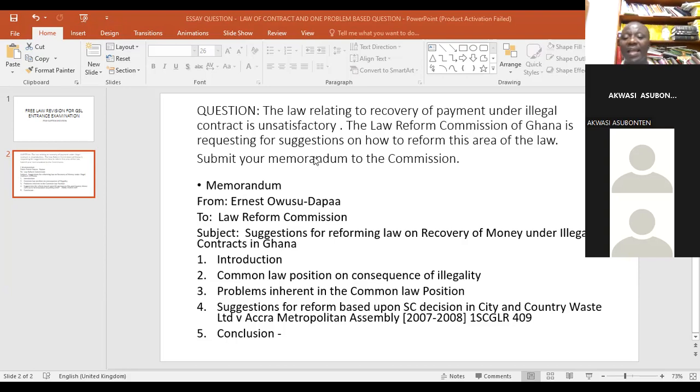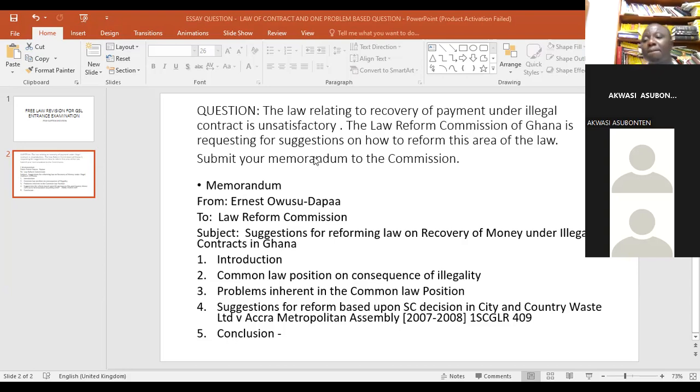Now, where there is an unjust enrichment, you could actually bring an action for what we call restitutionary claim, so that the court will restore you to a level where the unjust enrichment that you have suffered at the hands of your opponent will have been reversed or corrected.